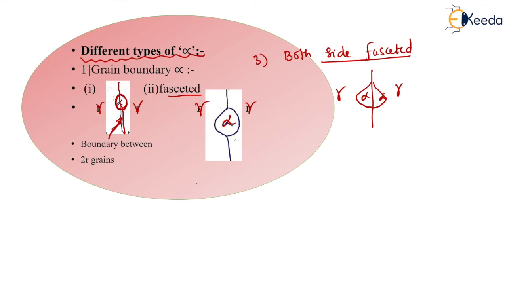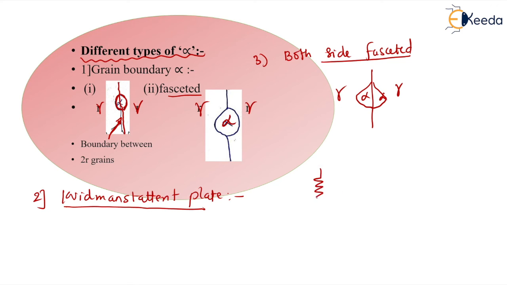And dear students, a very famous structure that we are having is the Widmanstätten plates. How does this type of structure look? It is like this. Say this is the boundary, all are alpha, alpha, alpha, alpha.